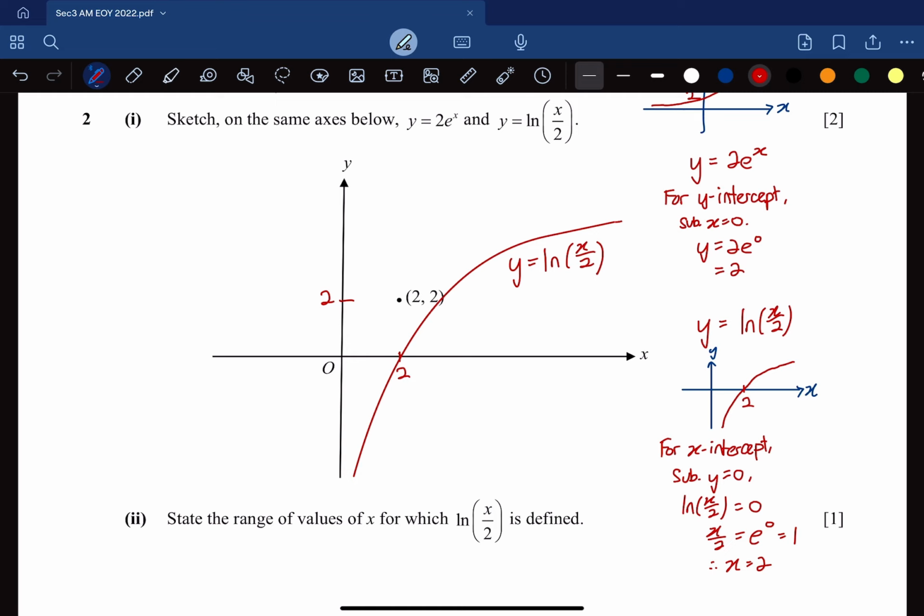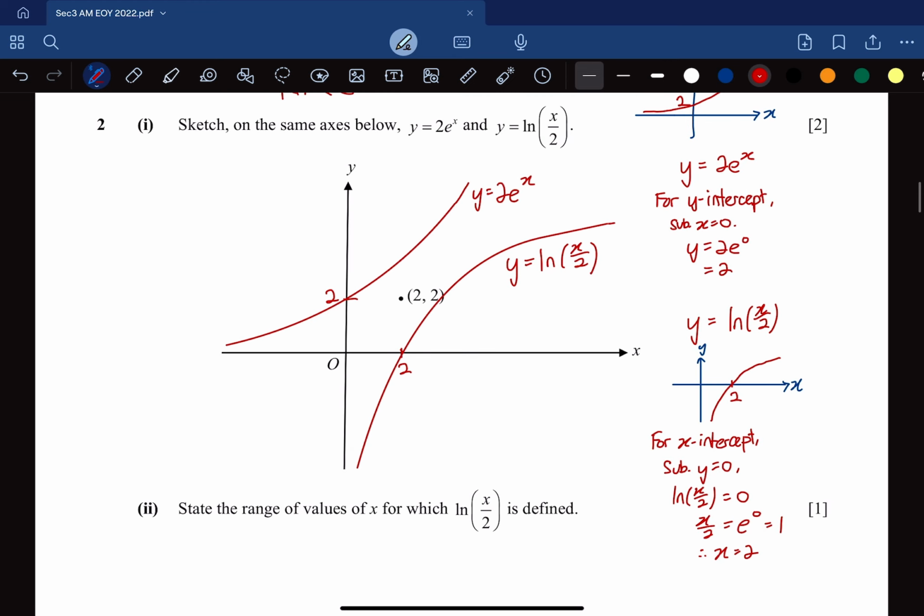And in this case, for my exponential function, I can also sketch my graph. I should get a curve that looks like this, whereby I intersect the y-axis at a value of 2. And I label this y equals 2e to the power x. And that is the solution to the sketch.